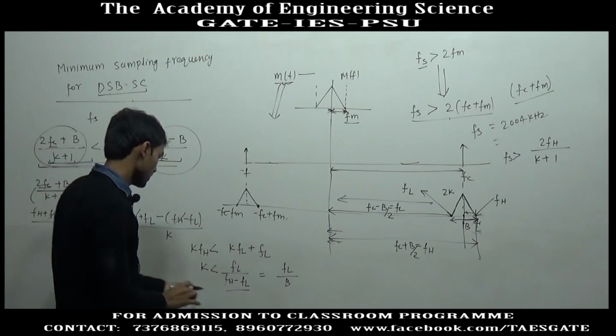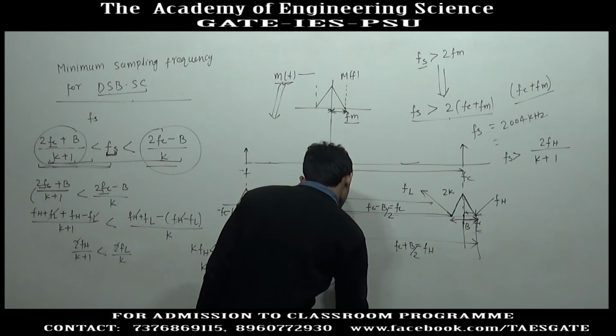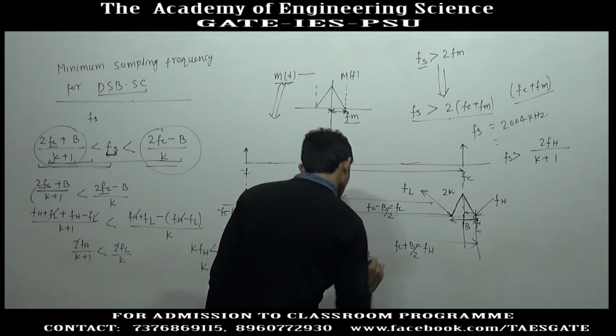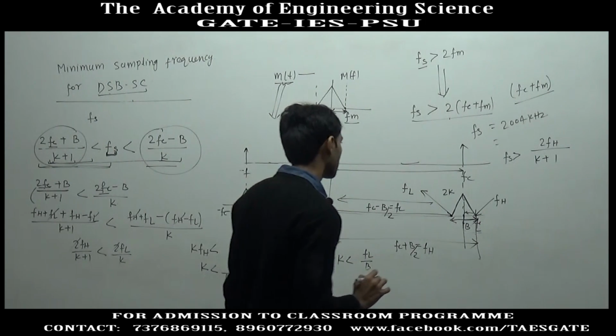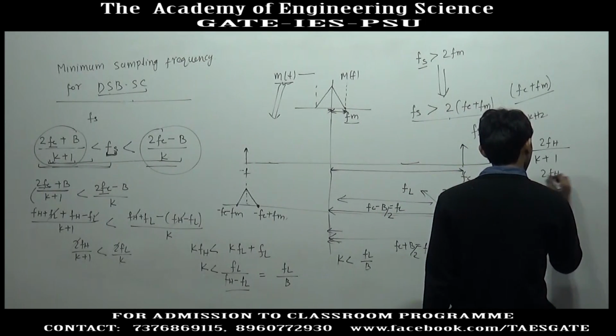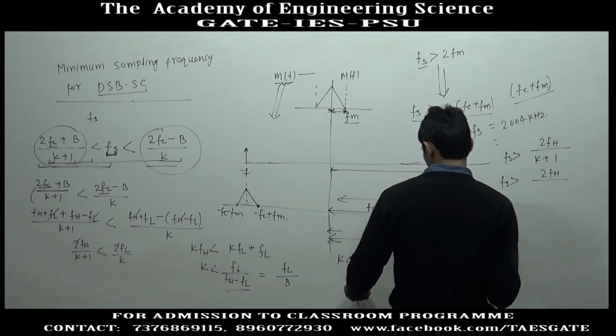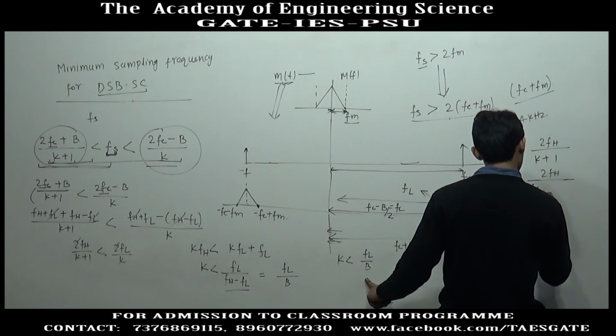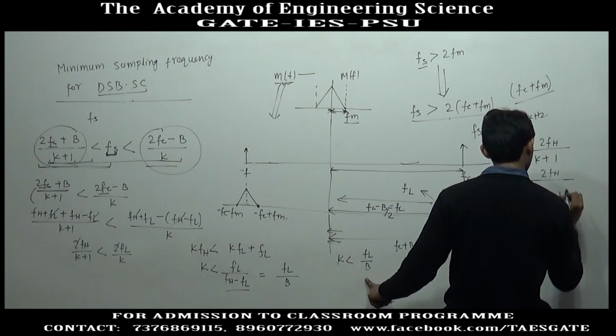And k is less than fl by B. So, Fs must be greater than 2fh divided by (fl by B plus 1).